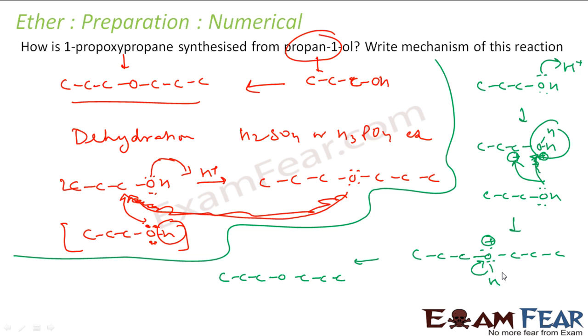Correct? This bond will break into positive and negative, and this positive H will go off. So this is my SN2 reaction. Why? Because the slow step is this step, right? When my propanol itself is a nucleophile.